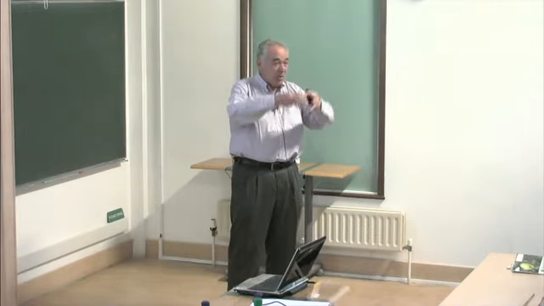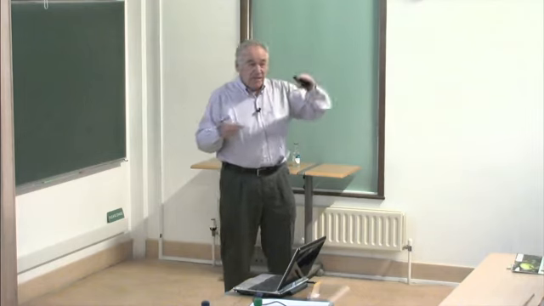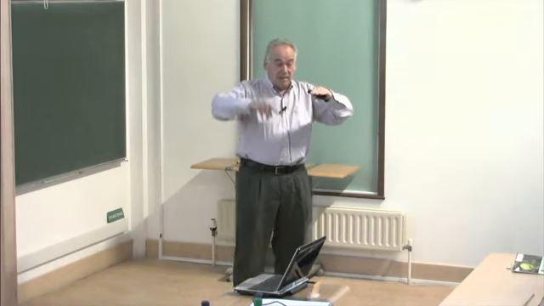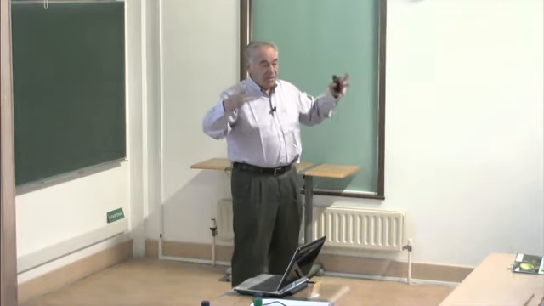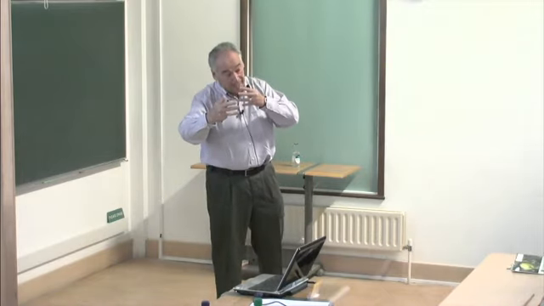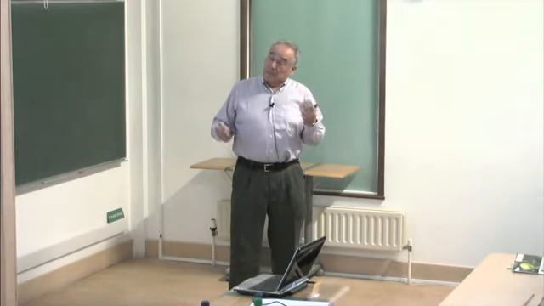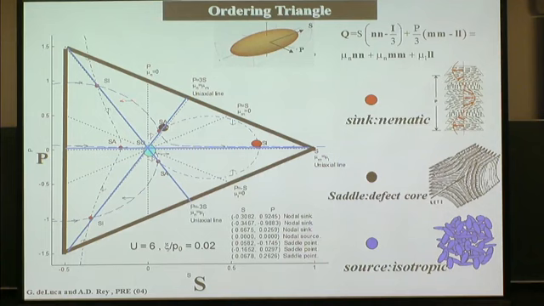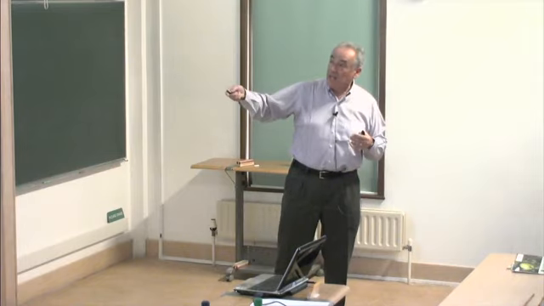So typically, disclinations are quantized. The winding number of a disclination is quantized. So typically, it's plus or minus 1/2, plus or minus 1, etc. But this is a 1/2 disclination.